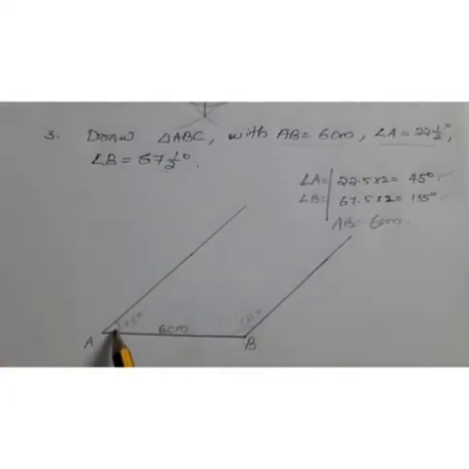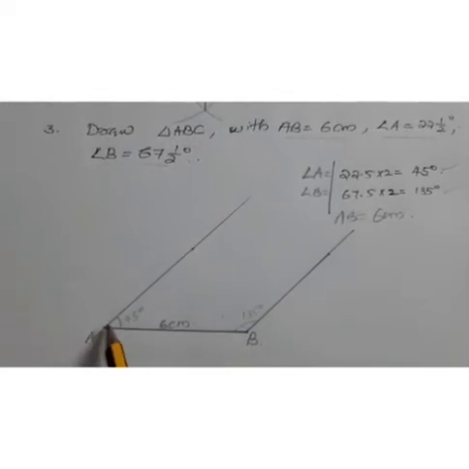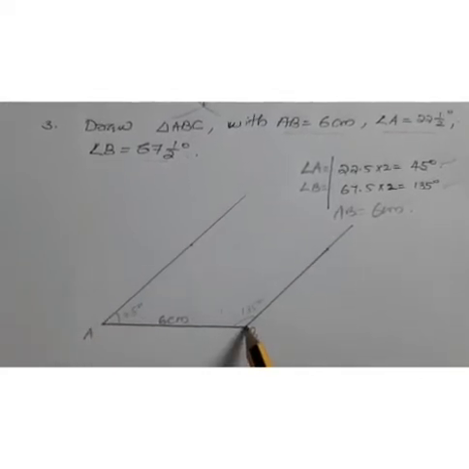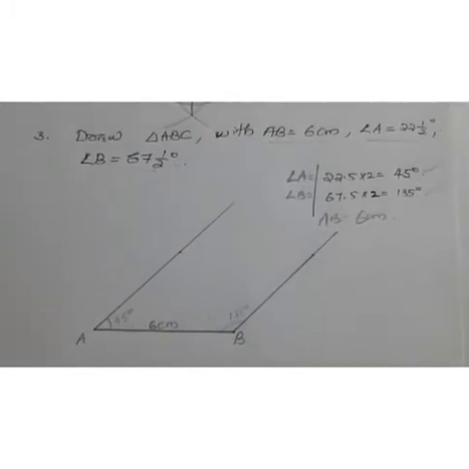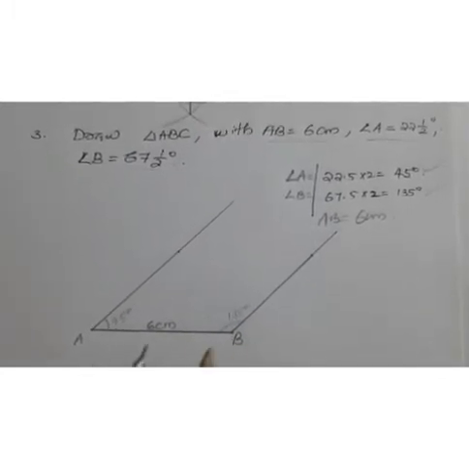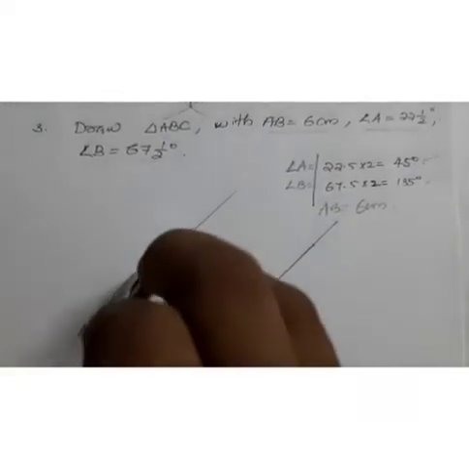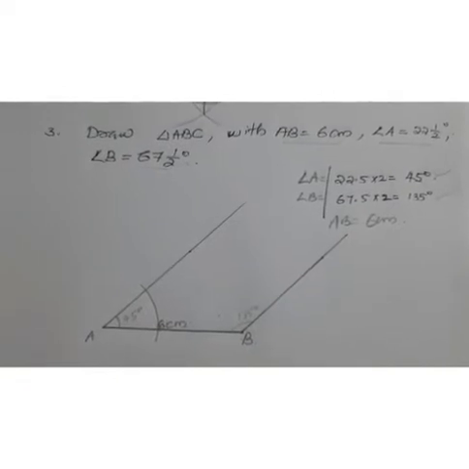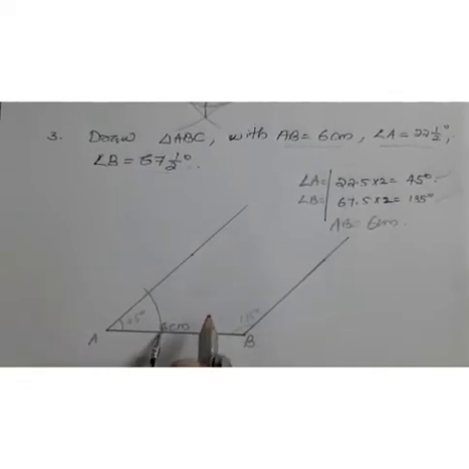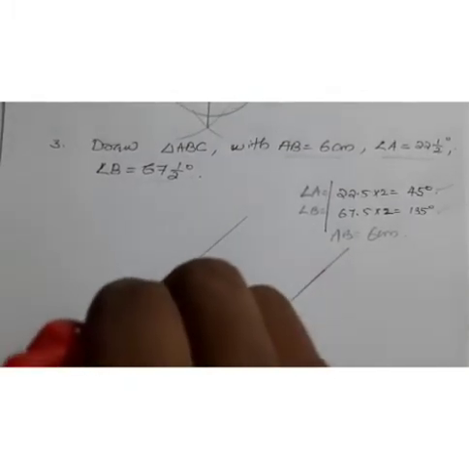So take the bisector of these two angles. Angle A, take the bisector, and angle B also make the bisector. You know how to draw the angle bisector. So from A, draw the arc. Then from this point, take the next arc.